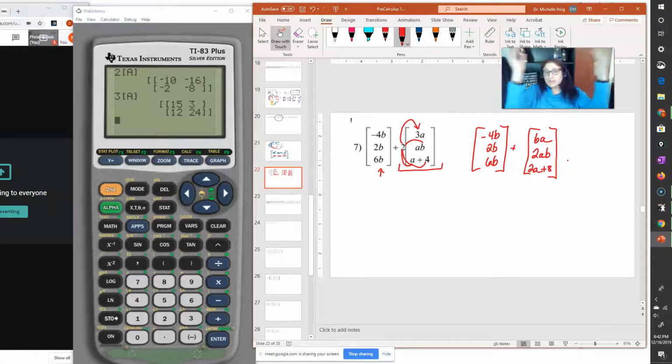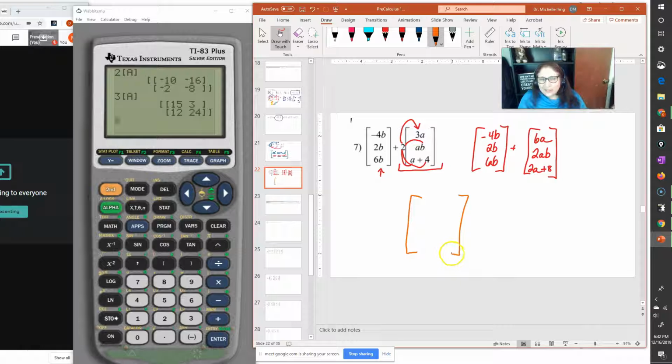So now that I've done that, now I can add it up to continue on with my problem, because I did order of operations. So then when you add it up, you literally just smush them together. Here I've got -4B plus 6A. Now your teacher might make an argument that you should write the 6A first, because usually you put it in alphabetical order.